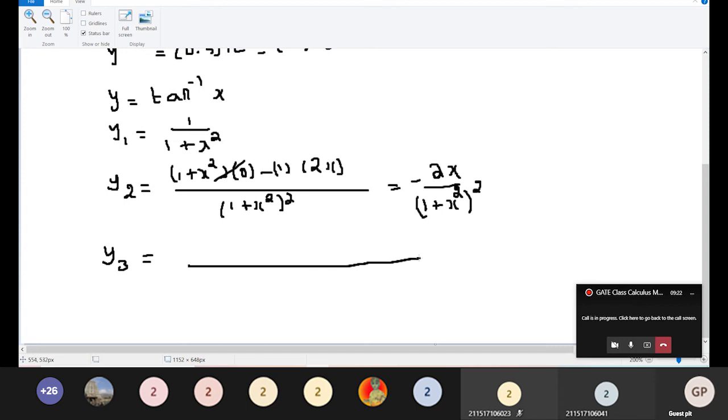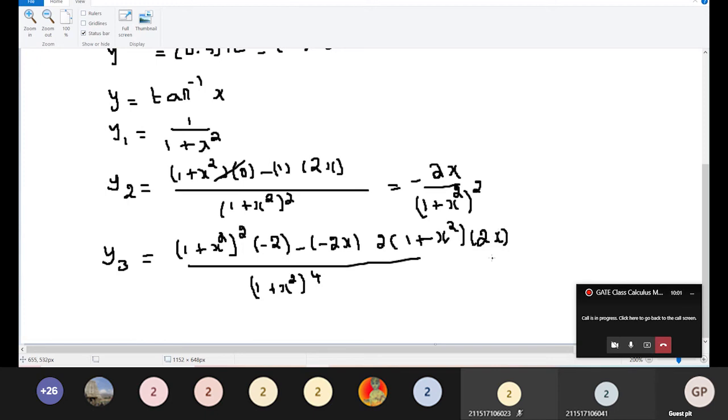Again using 1 plus x square whole power 4 in the denominator. Numerator: 1 plus x square whole square into minus 2, minus of minus 2x into differentiating the denominator, it will be 2 into 1 plus x square into 2x.